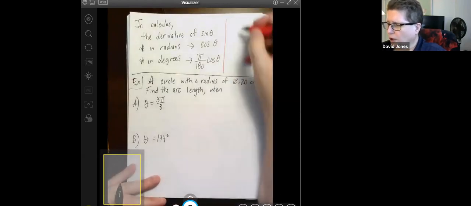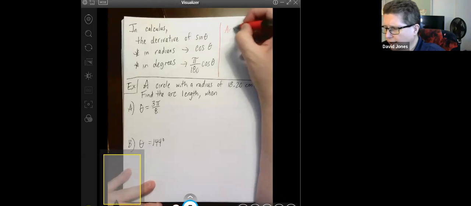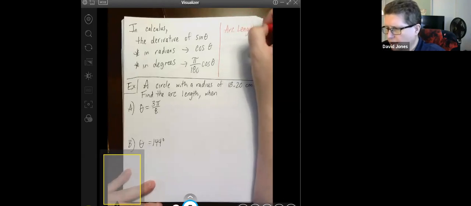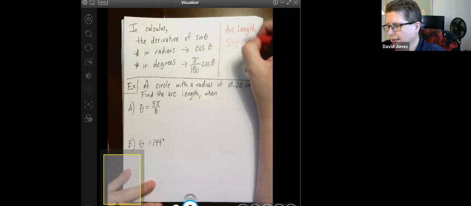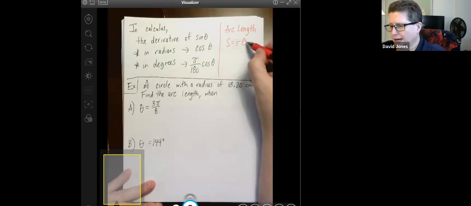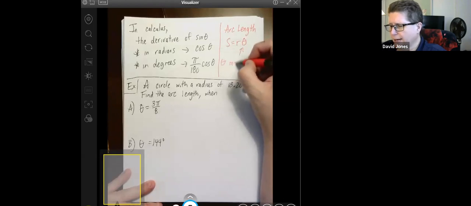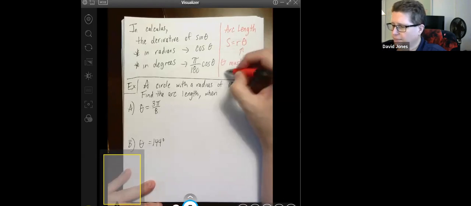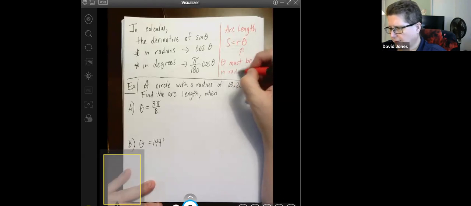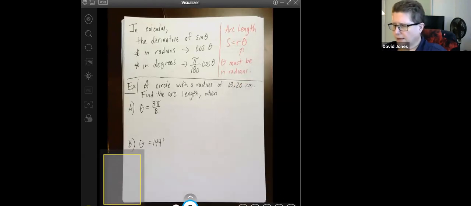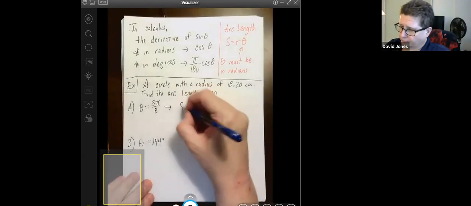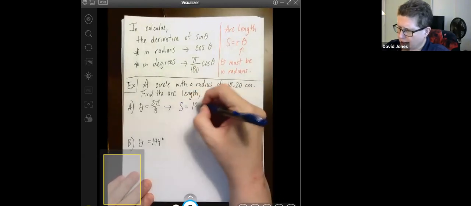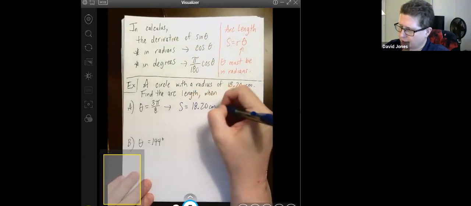Recall I told you what arc length was. Arc length was S equals R theta. And it stemmed from theta being S over R. Theta must be in radians for that formula. It just so happens to already be in radians for part A, so we're good to go. S equals R, which is 18.20 centimeters.